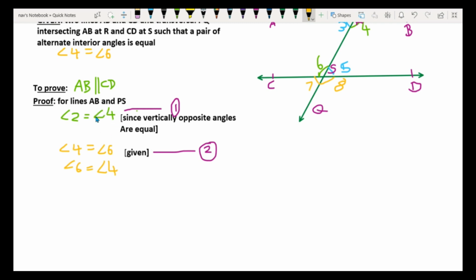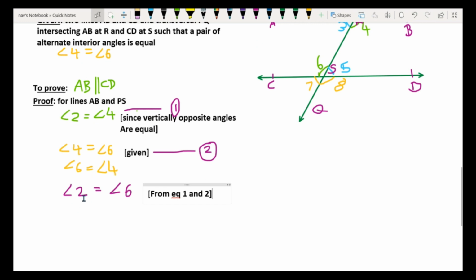From both these equations, angle 4 is on the RHS, so automatically the LHS will also be the same. Angle 2 will be equal to angle 6. What's the reason? The reason is from equation 1 and 2.